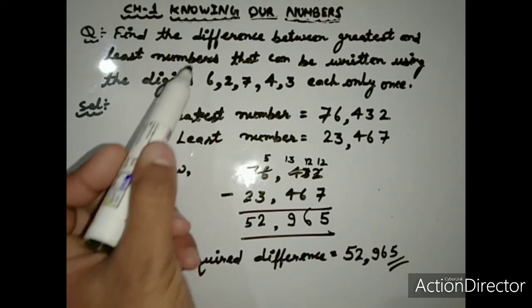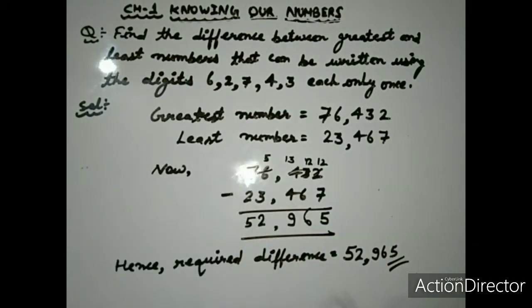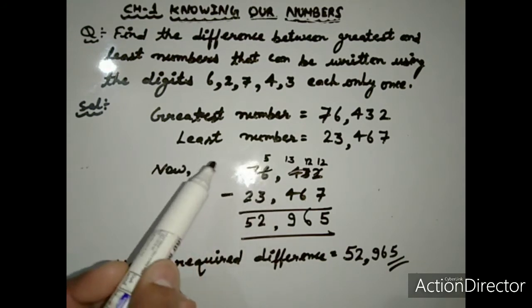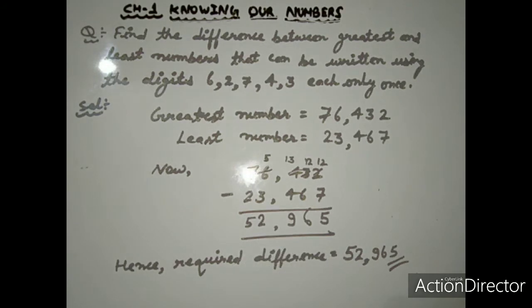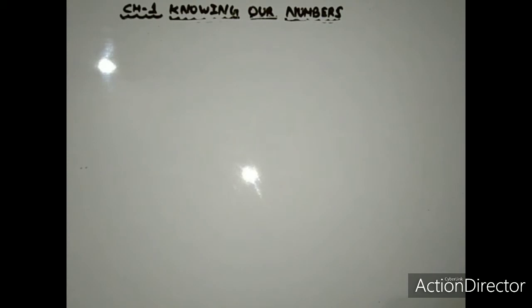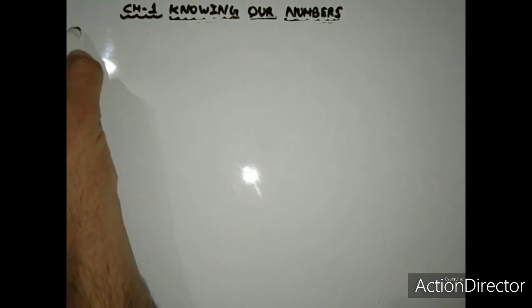And when we find the difference between the greatest and the least number, we subtract the least number from the greatest number, and here we get 52,965. Now here we solve another question from exercise 1.2, question number 6.